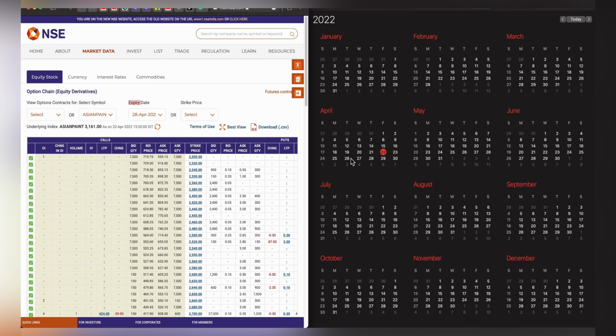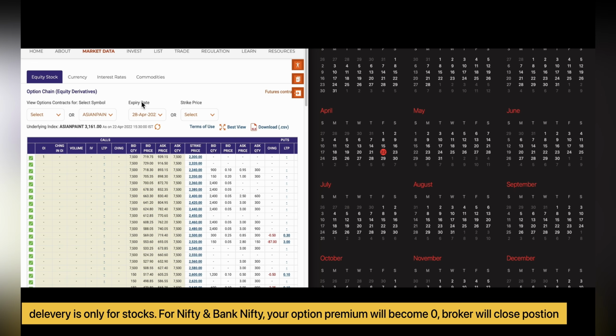Now why is expiry date important? On expiry date, if you see, most of the Thursdays after 1:30, a lot of volatility will be there in the market. This is because a lot of buyers will be closing their position, lot of sellers will be closing their position. On the expiry date, before market closes, if a person does not close his contract, that means he is accepting to take the position.